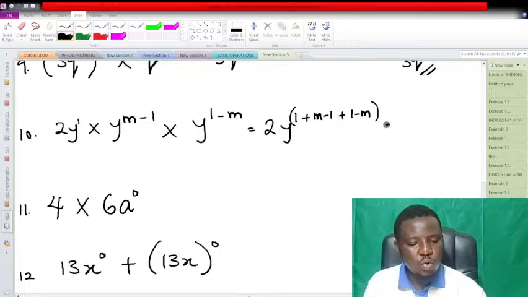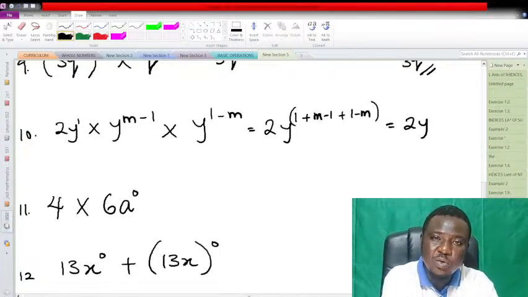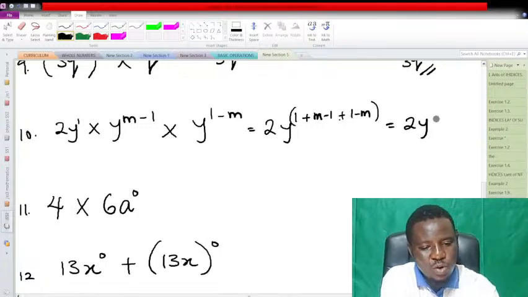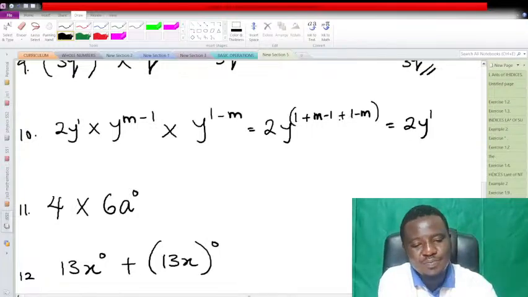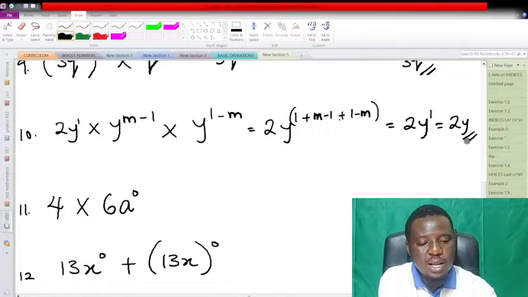This is said to be equal to 2y raised to the power of, let me add up all the numbers first. 1 minus 1 is 0. 0 plus 1 is 1. So we have 1. M minus m is 0. So your answer is 2y raised to the power of 1, which is equal to 2y.